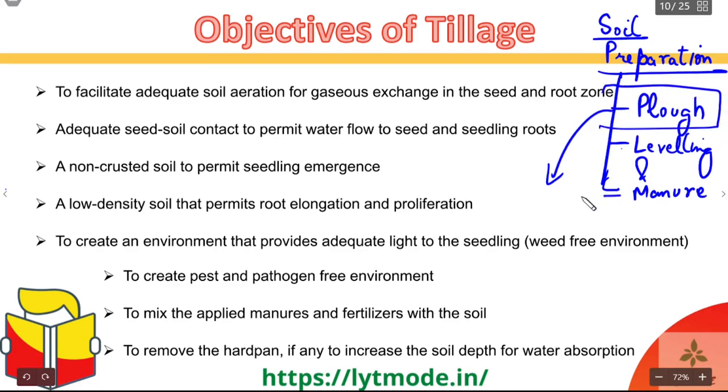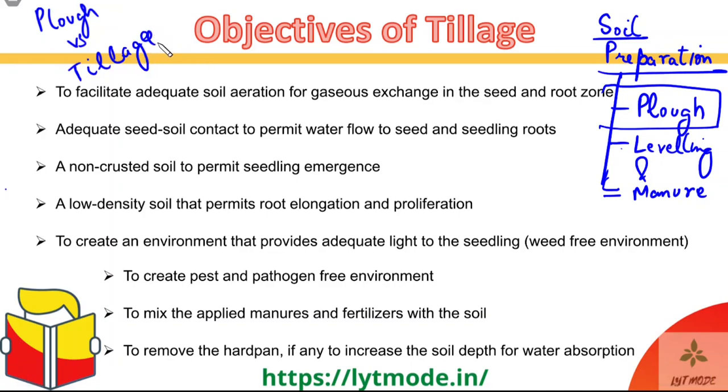And then there are two very similar terms, plowing and tillage. We will be discussing both of these terms. These terms are actually used interchangeably a lot of times. So what is the difference between tillage and plowing?